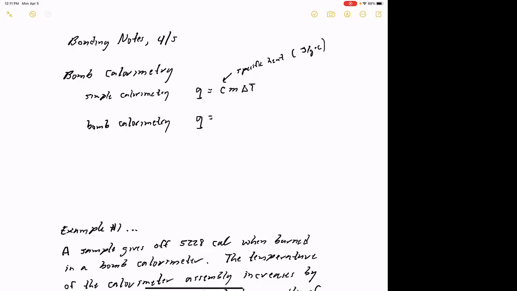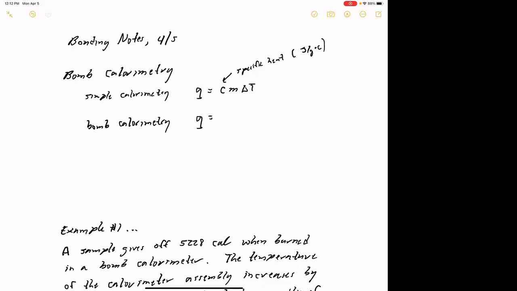That heat's going to get absorbed by all the various components of the calorimeter. The heat gets absorbed by the bomb, by the water in the calorimeter assembly that's surrounding the bomb, by the thermometer, the stirrer, the actual interior of the calorimeter assembly itself. The whole thing becomes a single absorber of heat, if you will.